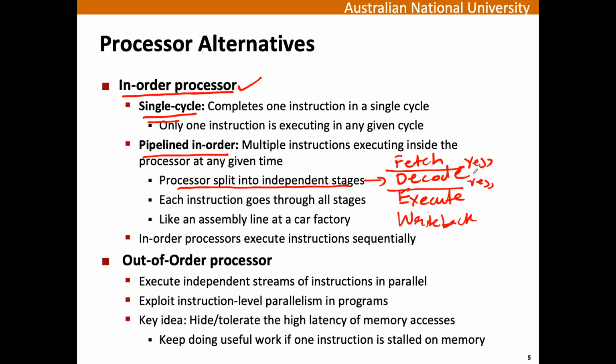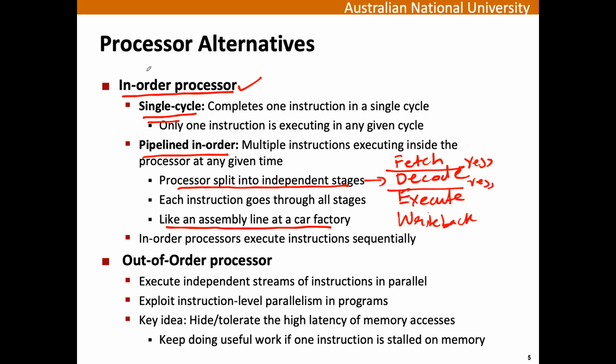This way we have some instructions in the fetch stage, some in the decode stage, some in the execute stage. This is poor man's parallelism. This is one way to exploit parallelism. You can think of it like an assembly line at a car factory. Each car passes through many different stages: in one stage you hook up the door, in another stage you do some paint and all that.